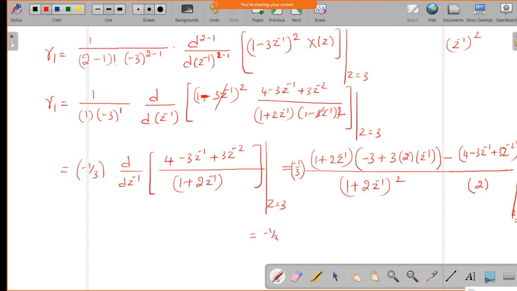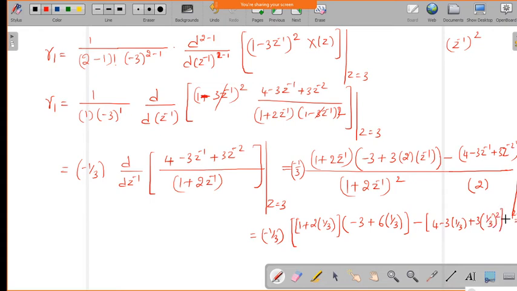You will get minus 1 by 3 into, putting z equal to 3, 1 plus 2 into z inverse, which becomes 1 by 3, into minus 3 plus 3 into 2 is 6 and z inverse is 1 by 3, minus 4 minus 3 into 1 by 3 plus 3 into z inverse 1 by 3 whole square.